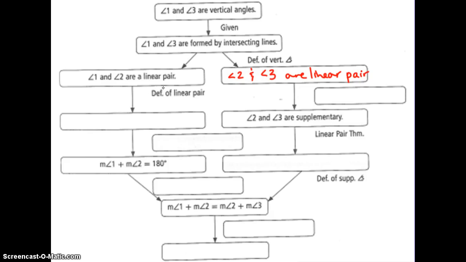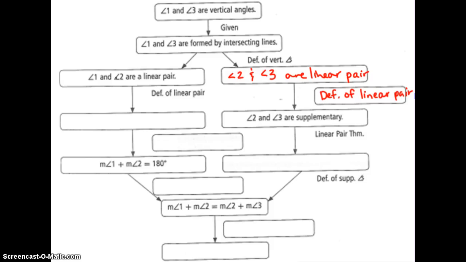And the same reasoning is the definition of a linear pair. So this blank right here is for us to put in the reasoning, definition of a linear pair. This bubble is just to remind you that something goes here. When you're creating your own proofs, you only need the bubbles for the statements.